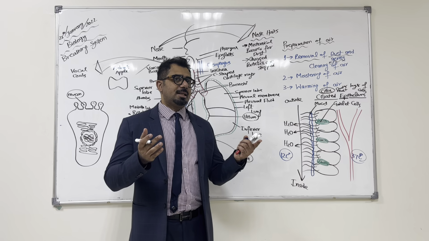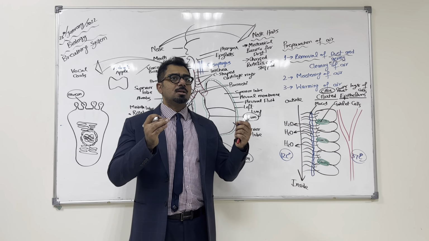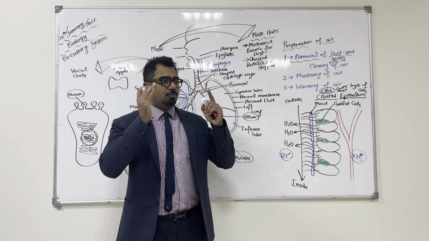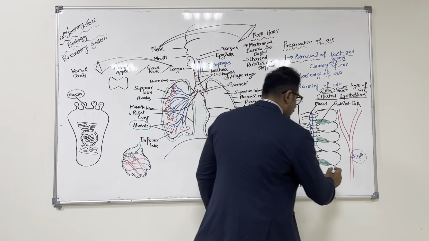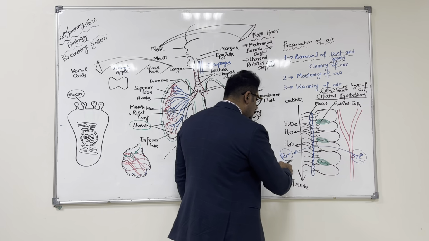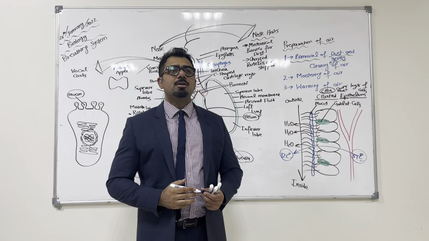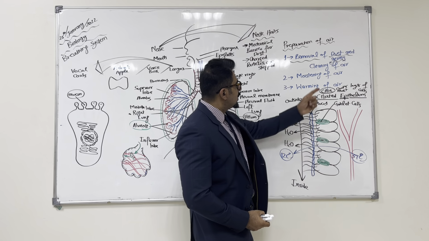Now you guys have learned in chemistry the laws of thermodynamics, right? Heat is always transferred from a warmer object to a colder object. So the heat will be transferred from the blood to the air, and the air will become warm. So what has happened?